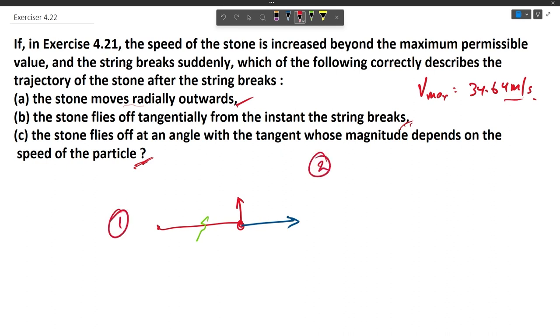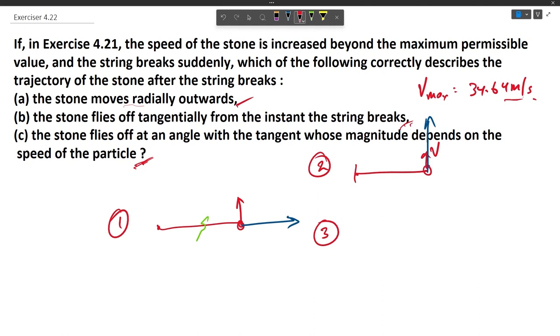And the second case says that, let us assume that V is in the same direction, the stone flies off tangentially from the instant the string breaks. Now it says that the stone is flying in the same direction tangentially. And the third case says that the stone flies off at an angle with a tangent whose magnitude depends on the speed of the particle.